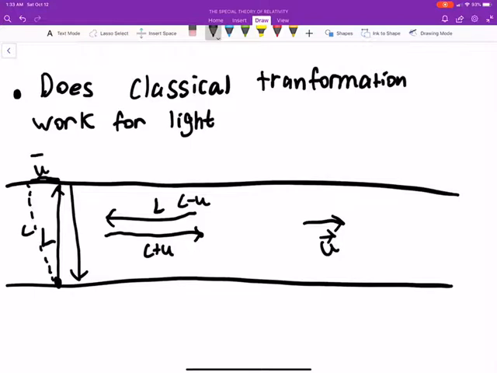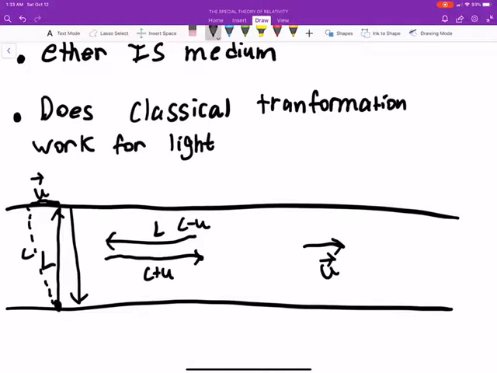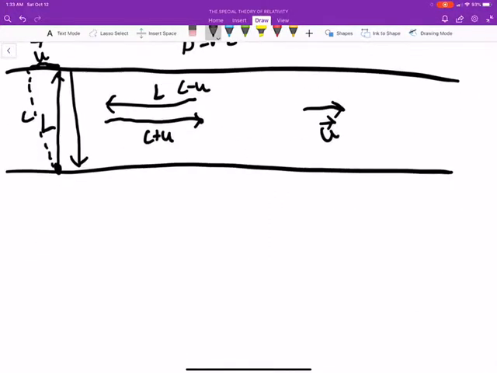And if you remember, to find this velocity, we did a little bit of trig. And then using distance equals rate times time, what did we get? I think one was L over c minus u plus L over c plus u. And the other one was the exact same thing, except we had the square root in the denominator.